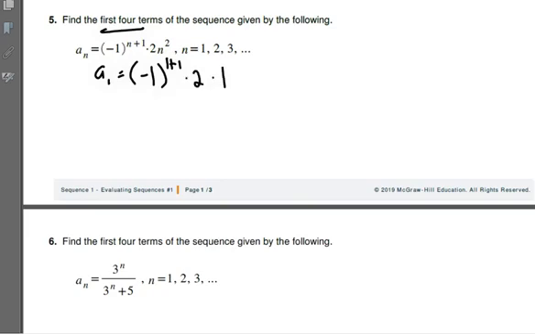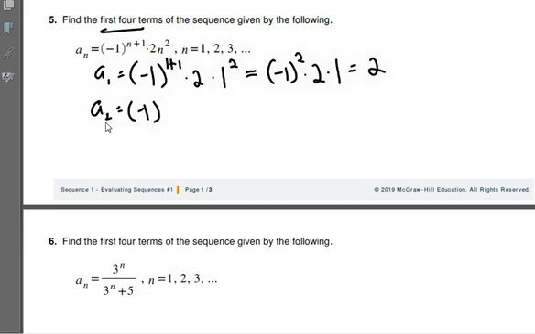Another type of sequence. So we've got a -1 and then n plus 1, and then you have a n term here. So this creates sort of an interesting phenomenon. So when n equals 1, we have 1 plus 1 here as the exponent. Well, 1 plus 1 is 2, and -1 squared is a positive 1, so this is just like 1. And then you have 2 times 1, so this is 2.